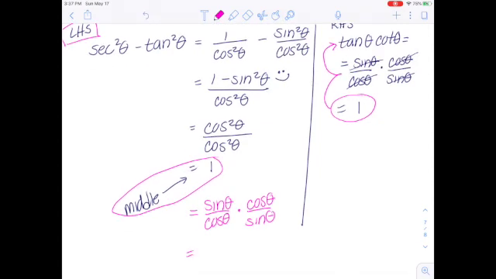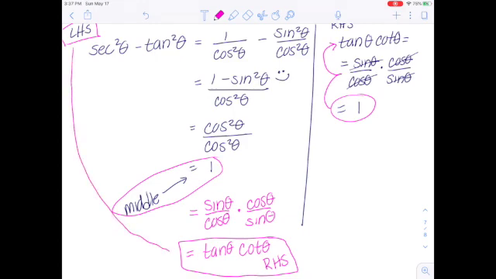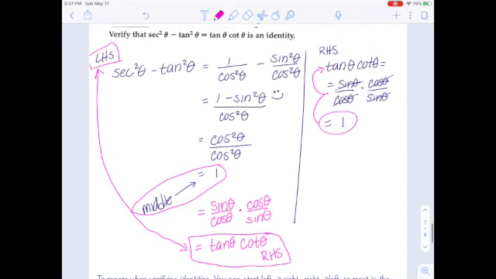So then that technically is now equal to tangent of theta cotangent of theta, which is our right-hand side. So we just forced our left-hand side to be equal to our right-hand side. Okay, through kind of the process of meet in the middle. I kind of cheated, right? I kind of manipulated both sides so that I figured out what happens after 1, and you can complete your little proof.